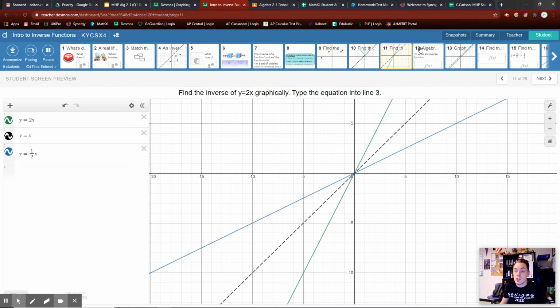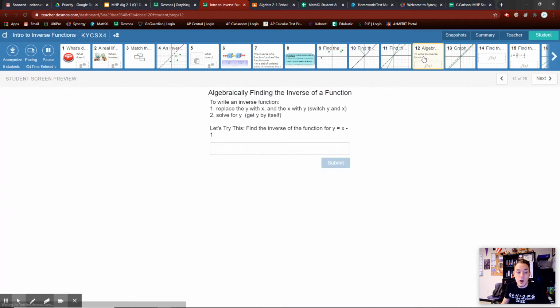Perfect. So now let's get to something a little bit harder. How do I actually algebraically find the inverse of a function? Well, I have the steps here written for you. So step 1, replace y with x and the x with y, switch the y and the x. And then step 2, solve for y itself.